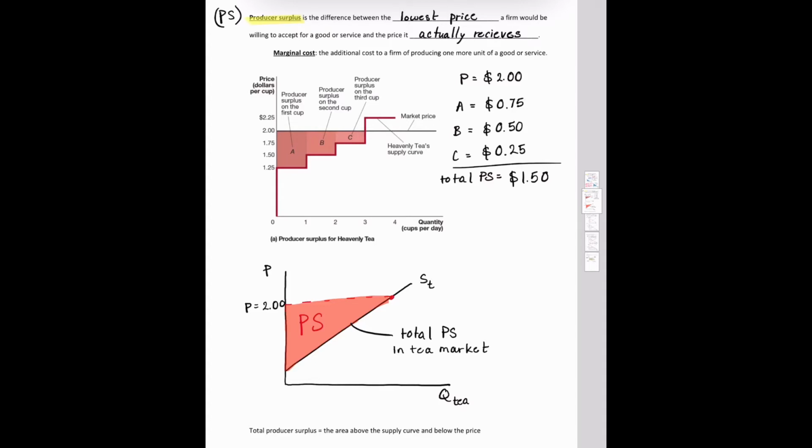So again, what is the lowest cost a firm would be willing to accept for a good or service? That would be the marginal cost. Marginal cost is the additional cost to a firm of producing one more unit of a good or service.